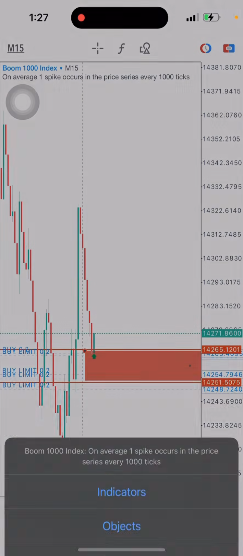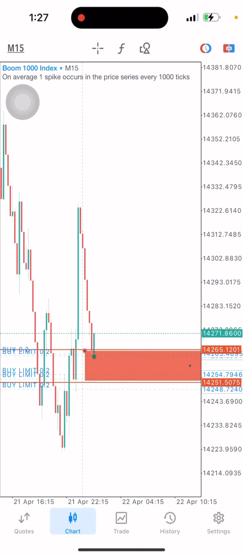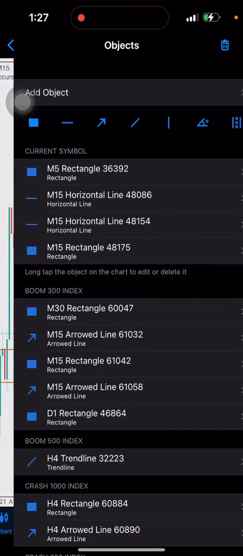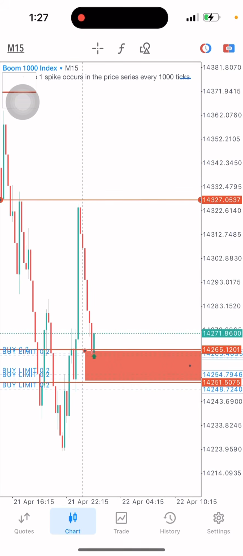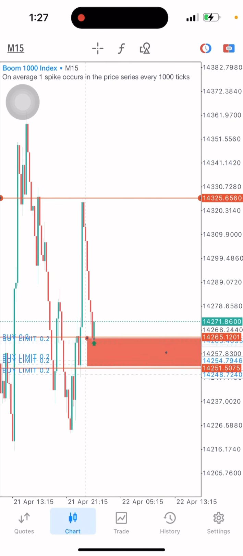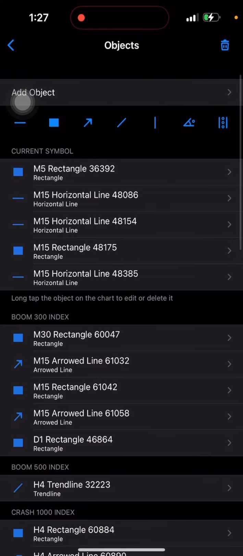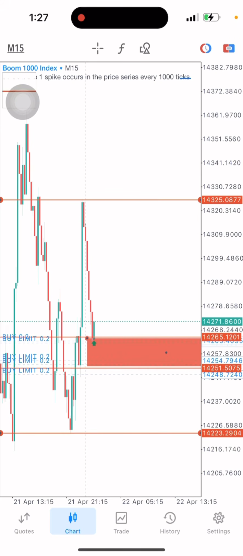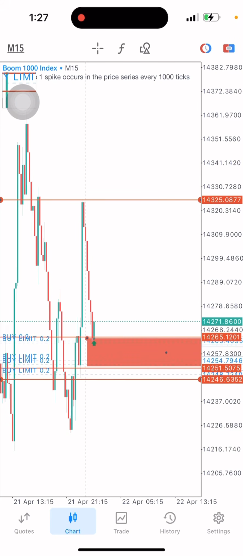Once you identify the zone and then you set your limit orders, then maybe your TP is going to be at the previous high, it's going to be at a resistance point somewhere here, and then you are going to set your stop loss also at the previous low, that is around this point. Or you can take it right down at this point, because that one is too far.